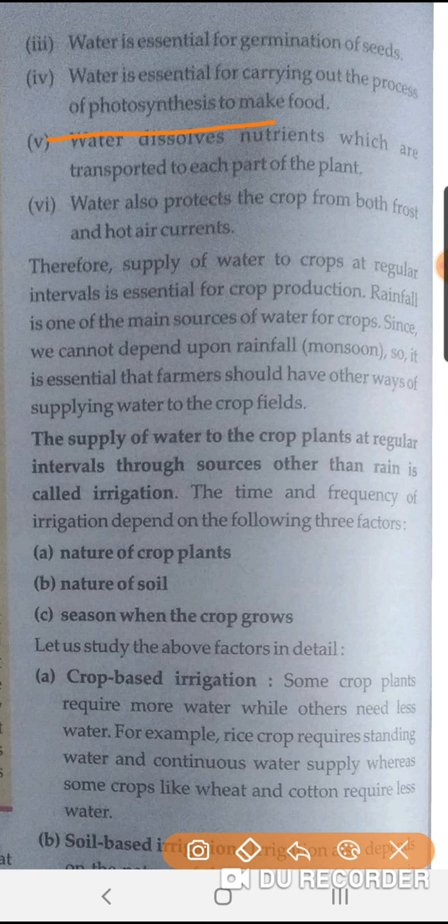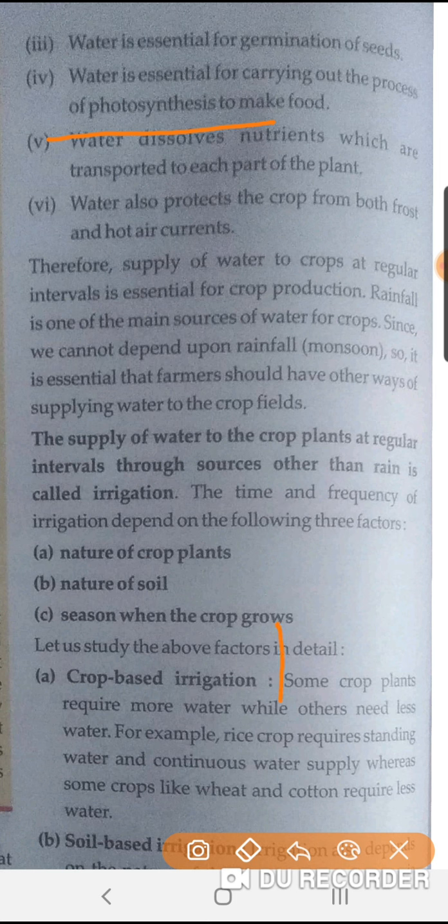In India, rainfall is not the same. In some states there is a lot of rainfall, whereas in places such as Rajasthan there is no rainfall or very less rainfall, that is not sufficient for the growth of plants.